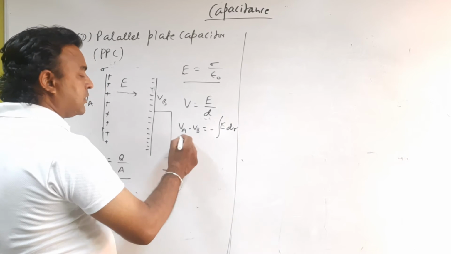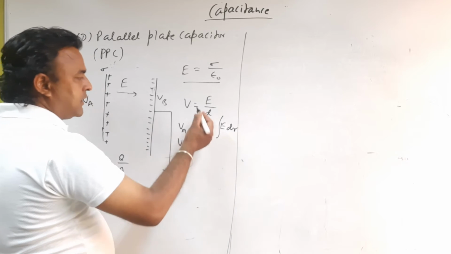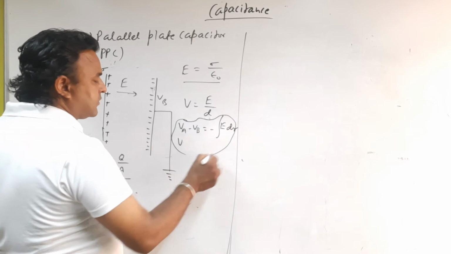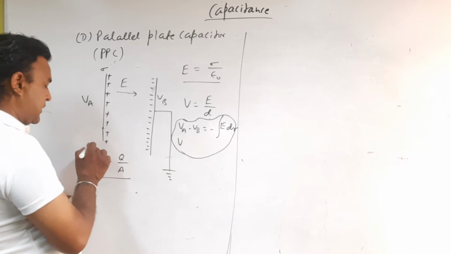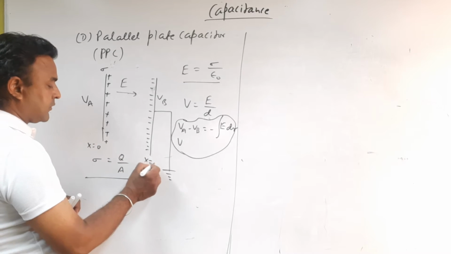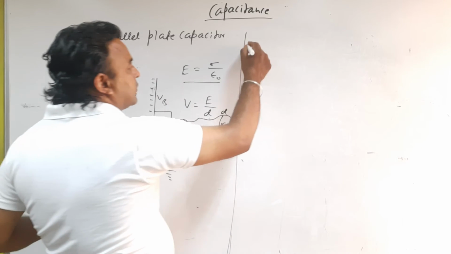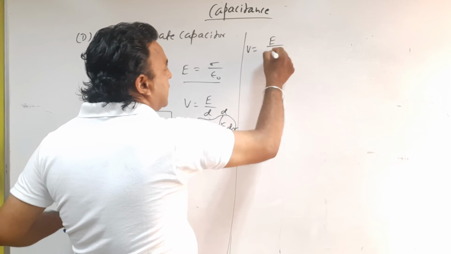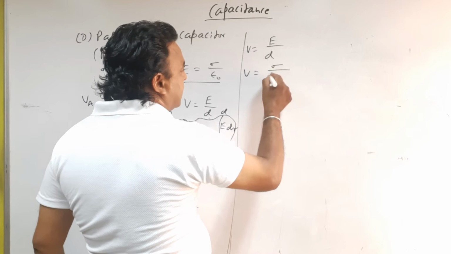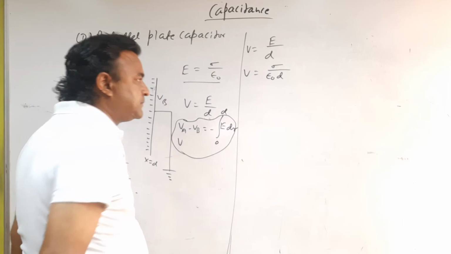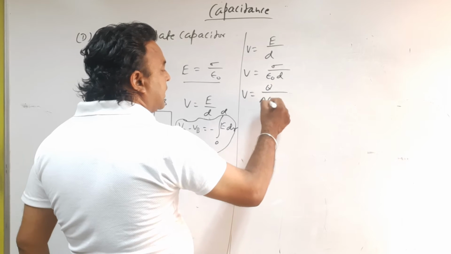VA is V, and then we can simply solve it in this way. dr, I will start from x equals to 0 to x equals to d, then we will have the same answer. So we will have V equals to E into d, and E is sigma upon epsilon naught. In place of sigma, I write Q by A epsilon naught.